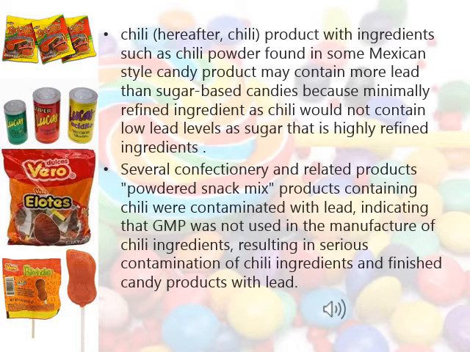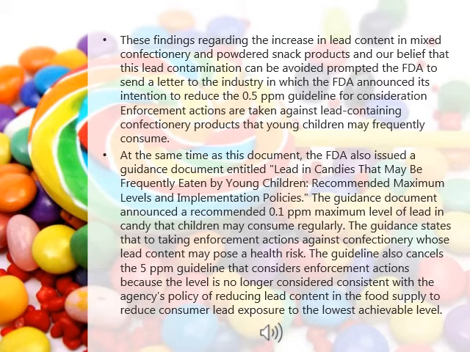Several confectionery and related products, powdered snack mix, and products containing chili were contaminated with lead, indicating that good manufacturing practice was not used in the manufacture of chili ingredients, resulting in serious contamination of chili ingredients and finished candy product with lead.